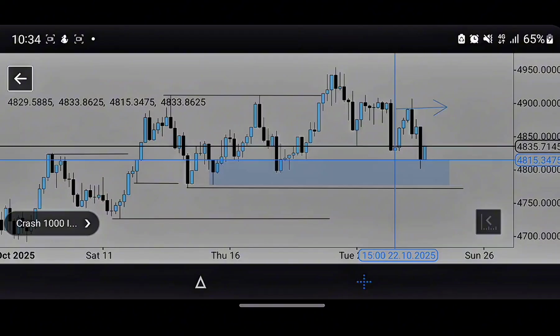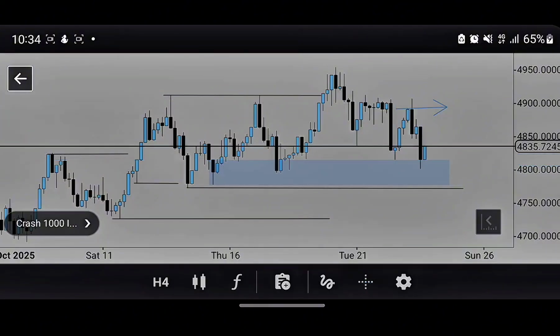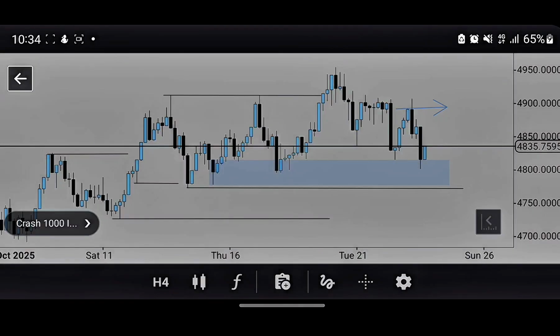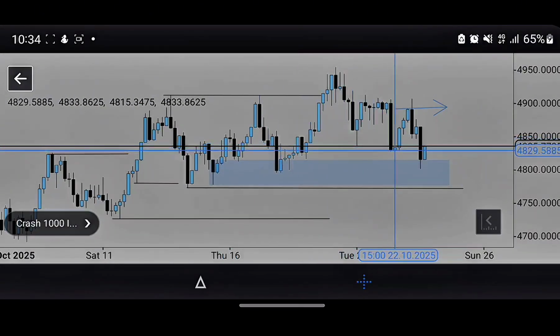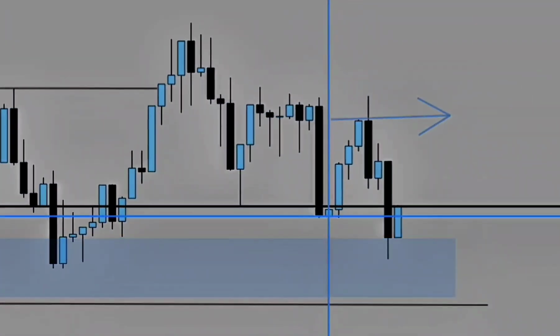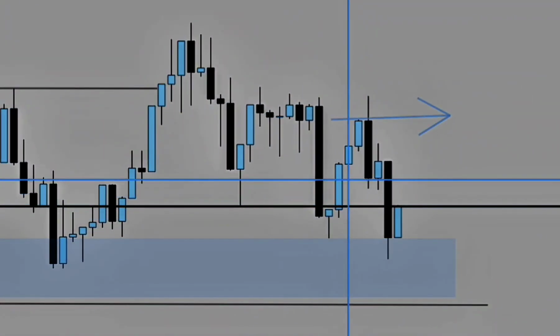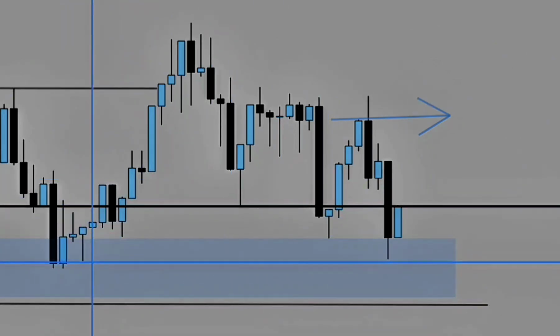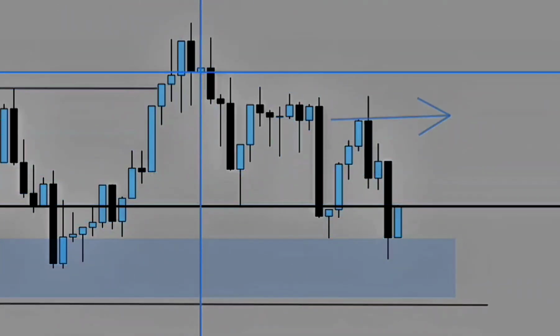Some of our confluence was met, and then when we go to the hourly time frame, first thing on the 4-hour time frame right here, you notice that we closed with a hammer, showing that we are about to go to the upside. Because look, whenever we close with a hammer like there, price then went on to go to the upside.